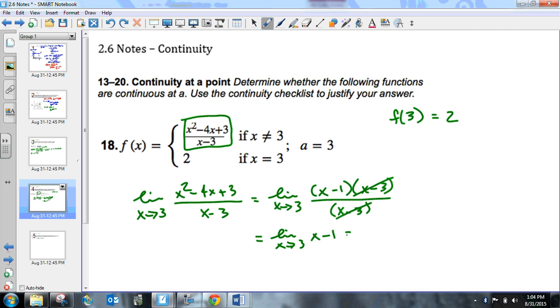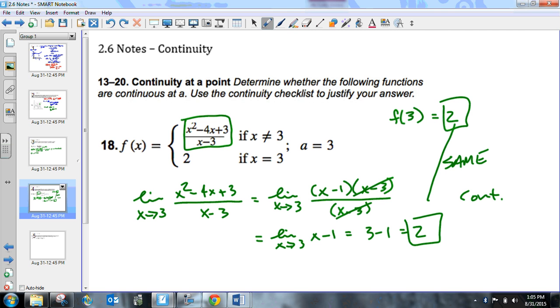If I plug in 3, I get 3 minus 1, which is equal to 2. Folks, my limit value and my function value are the same. So we are continuous at x equals 3. And that's the test: are these things the same number?